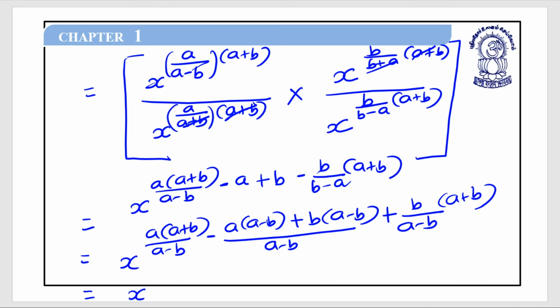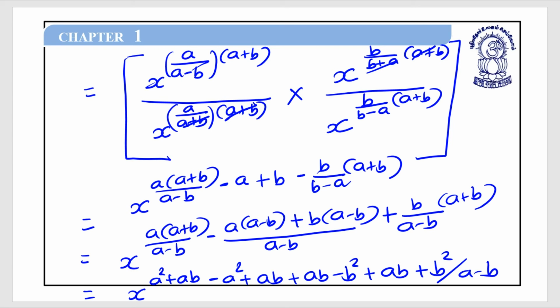So x raised to a into a square plus ab minus a square minus minus plus ab plus ab minus b square plus ab plus b square upon a minus b.